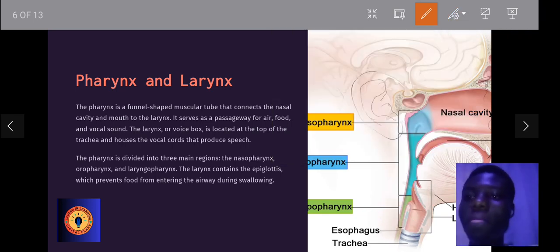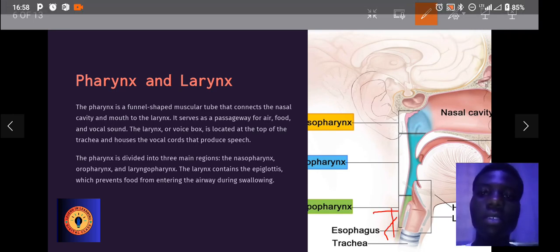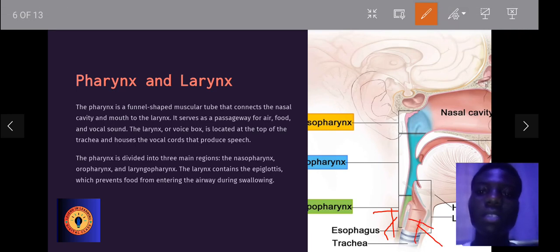Let me erase them. So let's move on. The larynx contains what we call the epiglottis, and the epiglottis prevents food from entering the airway during swallowing. You could see that there are two airways here. There's one down here, and this is another one here.